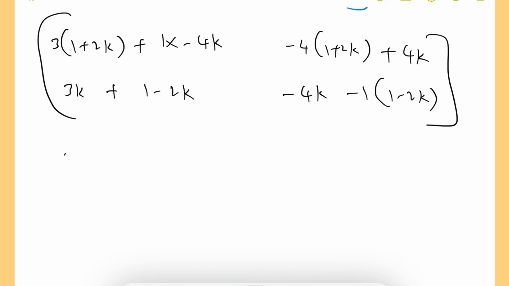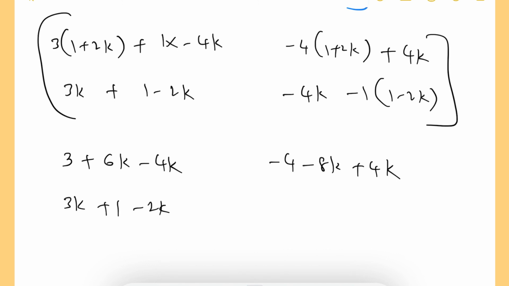3 into 1 plus 2k: 3 ones are 3, plus 3 into 2k, 6k, 1 into minus 4k, minus 4k. Minus 4 into 1, minus 4, minus 4 into 2k, minus 8k, plus 4k as it is. 3k plus 1 minus 2k, minus 4k, minus 1 into 1, minus 1, minus 1 into minus 2k, plus 2k.